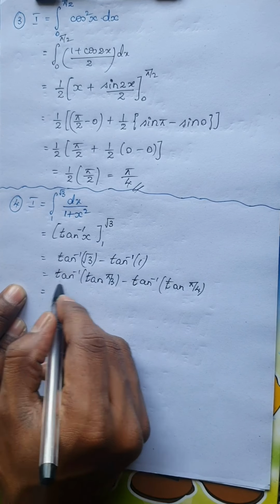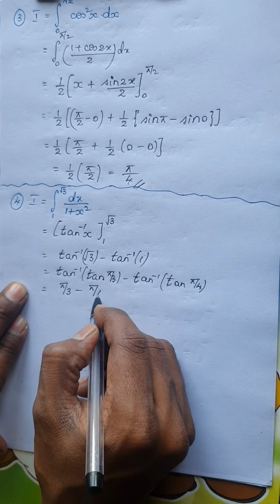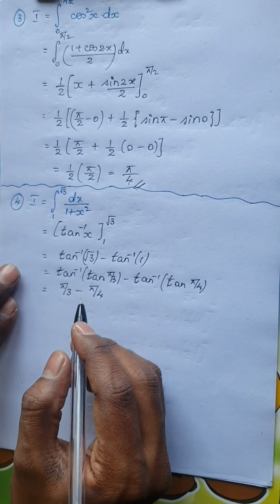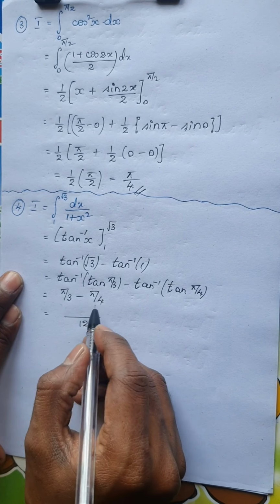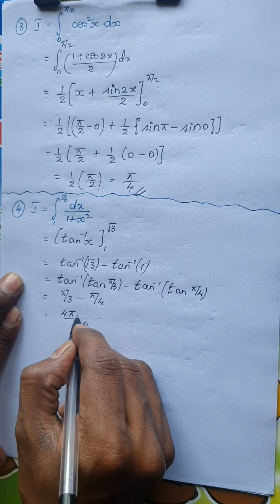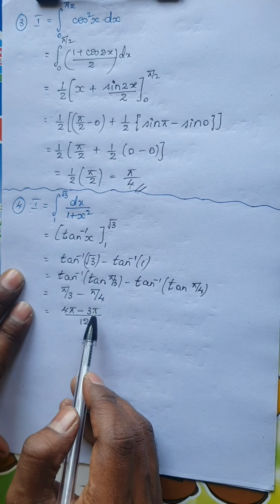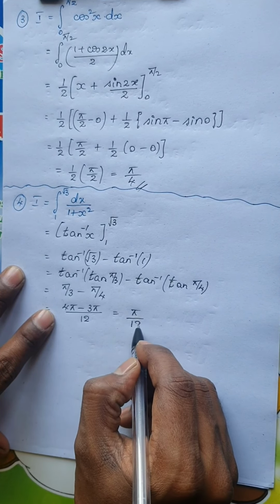So tan and tan inverse would be nullified. So this would be nothing but pi by 3 minus pi by 4. If you take the LCM, this would be nothing but 12. So you multiply 4 to this. So this would be 4 pi minus 3 pi, isn't it? Take the LCM. So 3 4s is 12, 4 3s is 12. So the answer would be pi divided by 12 is the standard answer, right?